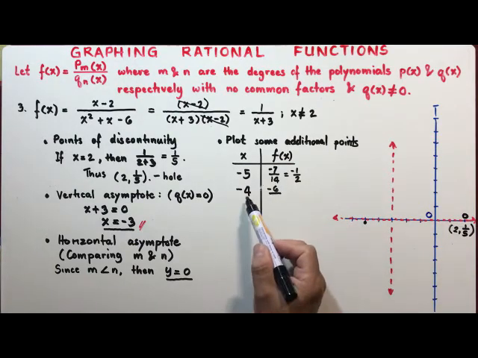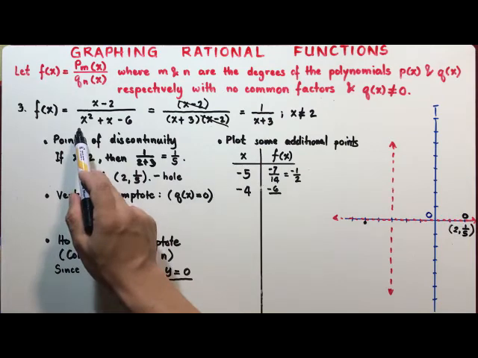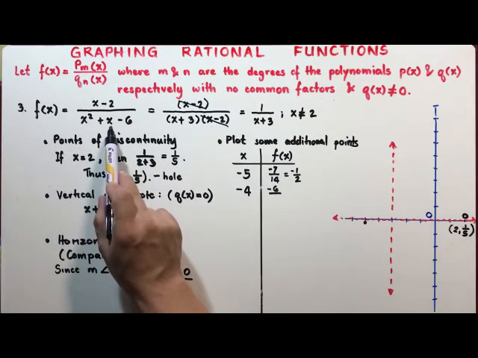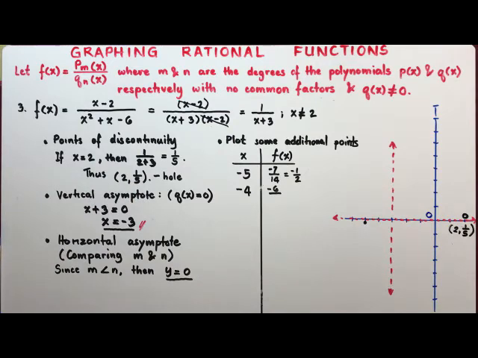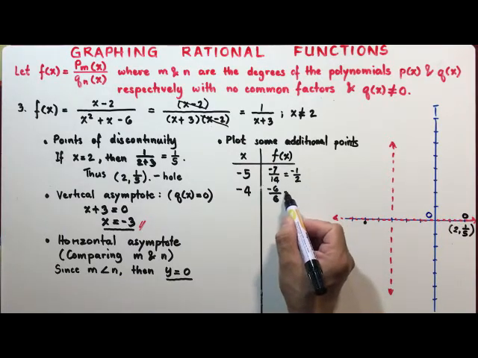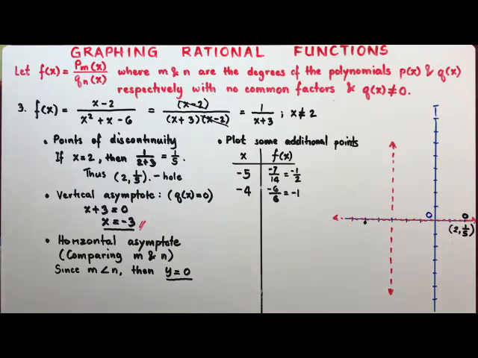Substituting -4 in the denominator, we have -4 squared, which is 16. And 16 plus the -4, it's 12. And 12 minus 6 is 6. So 6 divided by -6 is -1. So when your x is -4, -1, -2, -3, -4, it's -1.